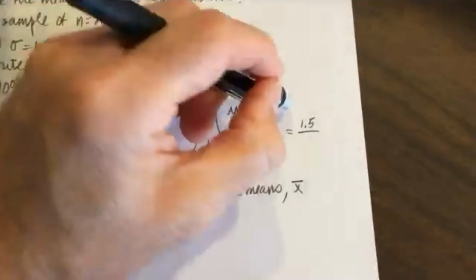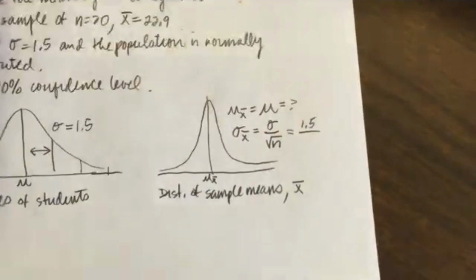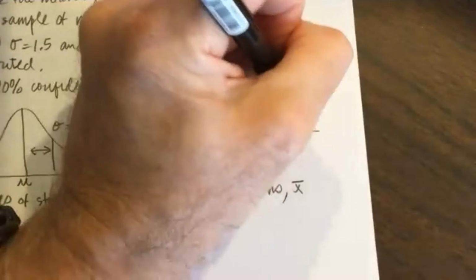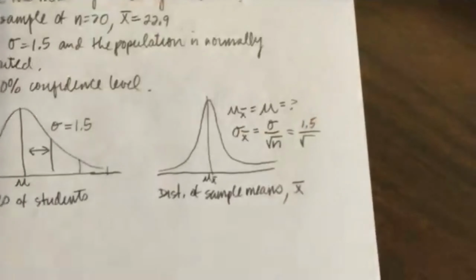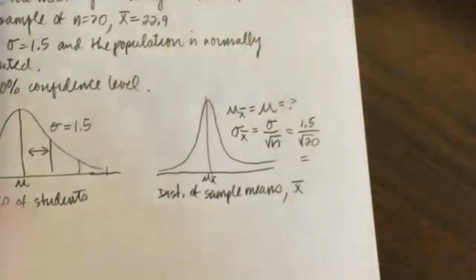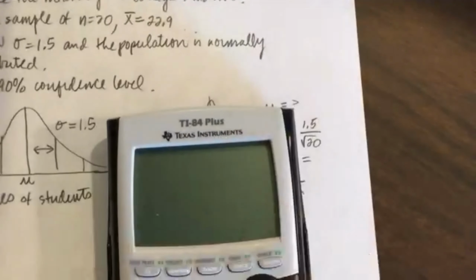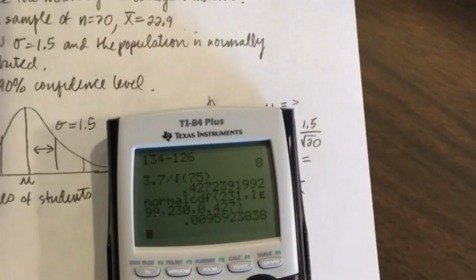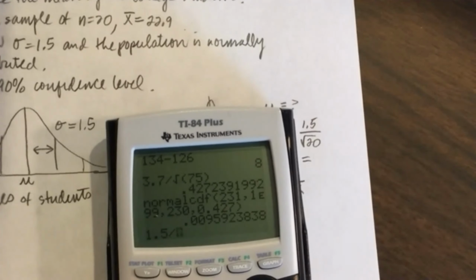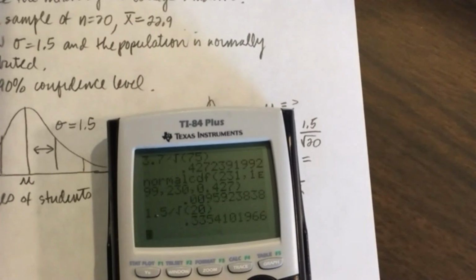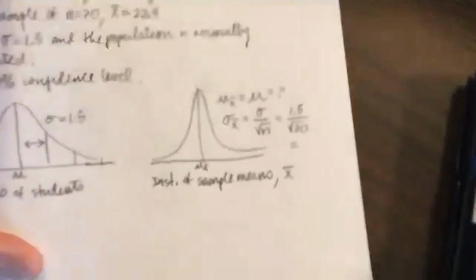The mean is what we're trying to estimate, so we don't know it. But the spread is 1.5 divided by the square root of our sample size, which was 20. Trying it on the calculator, I get 1.5 divided by the square root of 20, or about 0.34.